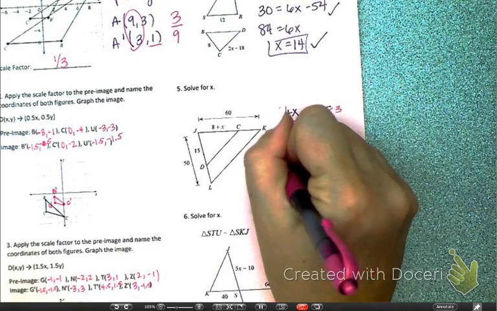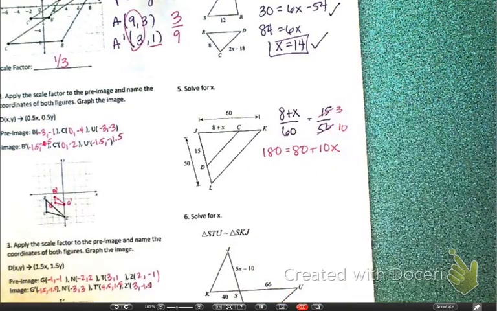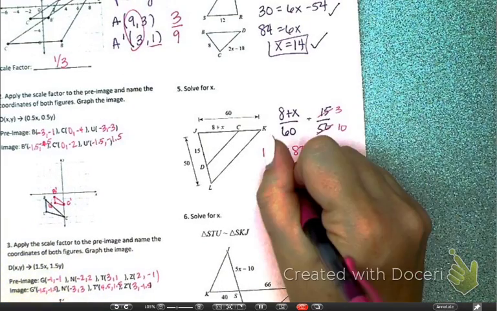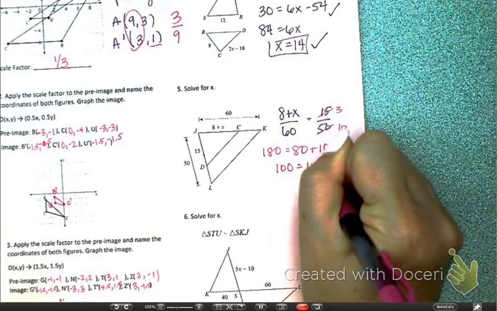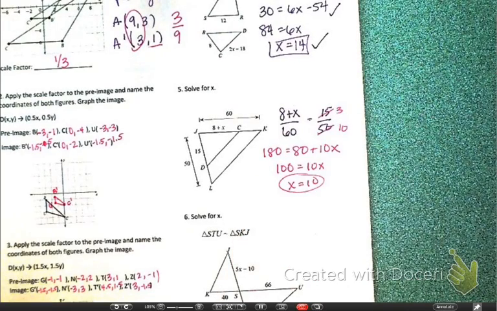So 180 equals 80 plus 10x. If I subtract 80, I get 100 equals 10x, which means x equals 10. So if your proportion's different and you still got x equals 10, you're okay. If your proportion's different and you did not get x equals 10, then you don't have the right proportion.